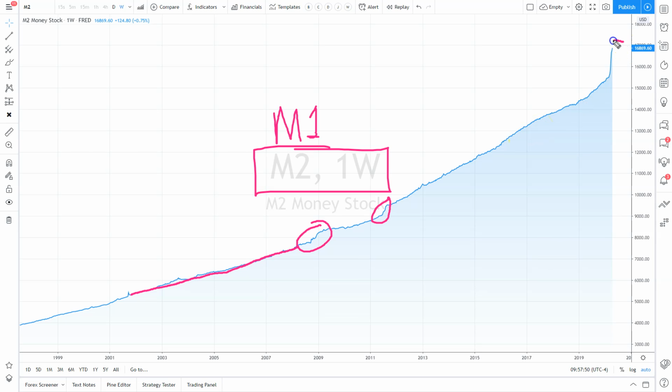But look what is going on right now. That is crazy. The amount of money that the Fed is printing and putting into the market. Wow. So you know what's the name of this thing? Supply. This is the supply of US dollars.